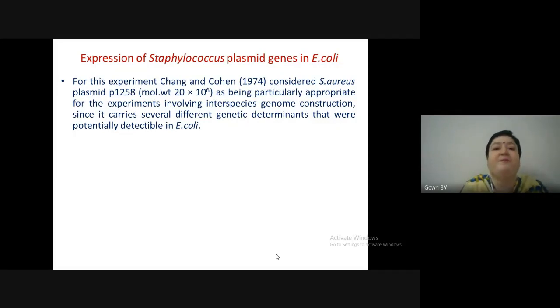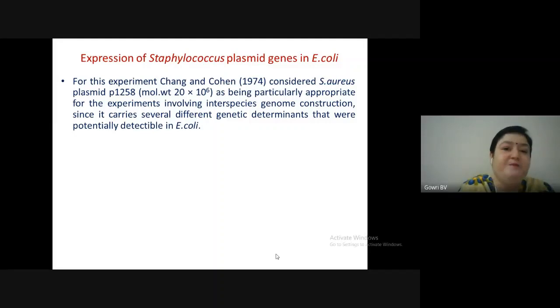P1258 as being particularly appropriate for the experiments involving interspecies genome construction. So two different species of prokaryote are being constructed together, since it carries several different genetic determinants that were potentially detectable in Escherichia coli. So I repeat the sentence.